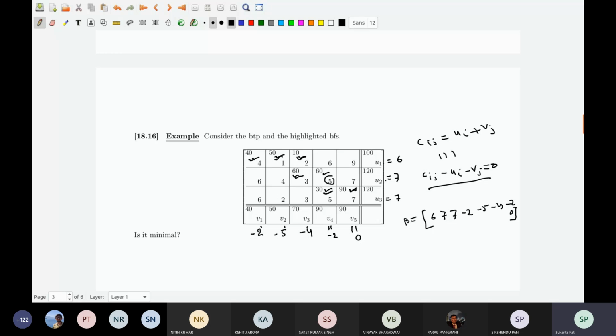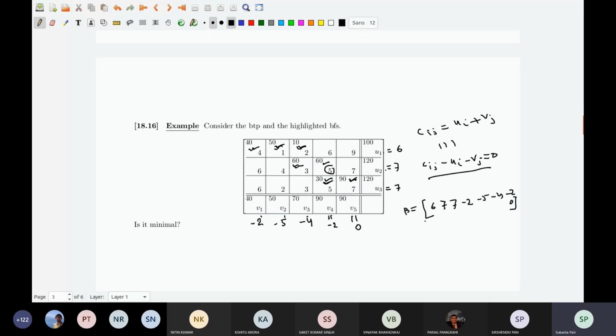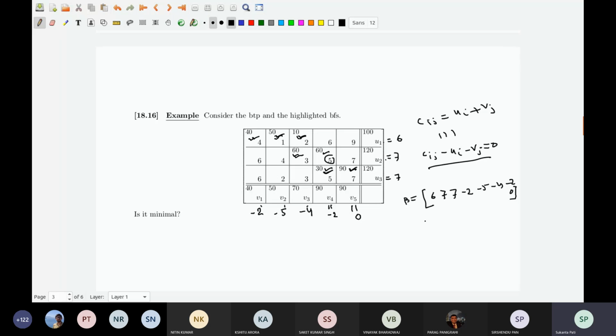Then I have to look at the non-basic squares and see if Cij minus ui minus vj is greater than or equal to 0. On basic squares, do not compute. It will turn out to be 0 only, because this is how you have evaluated. Okay. So on here, for example, on the 1/4, 6 minus 6 plus 2. So I will have 2.